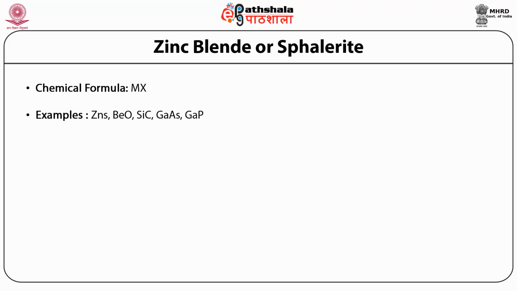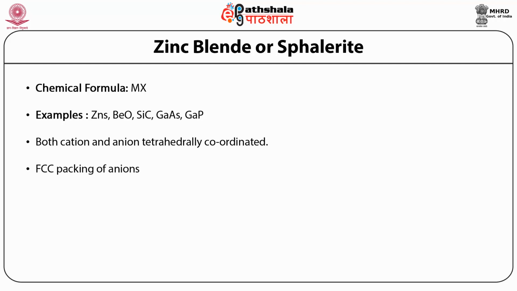Typically, compounds with tetrahedral coordination assume this structure. In this structure, anions form an FCC lattice and cations occupy the tetrahedral interstices. And this is due to the stoichiometry, that half of the tetrahedral sites are filled.